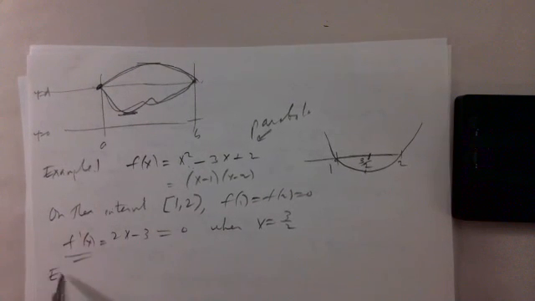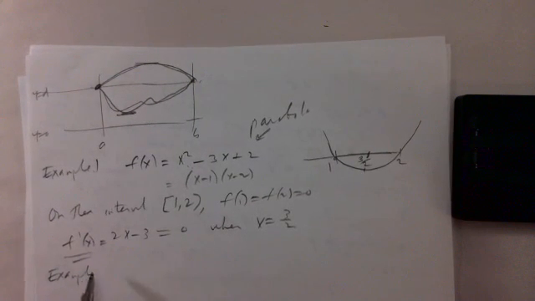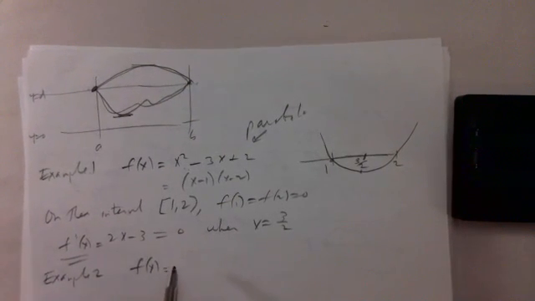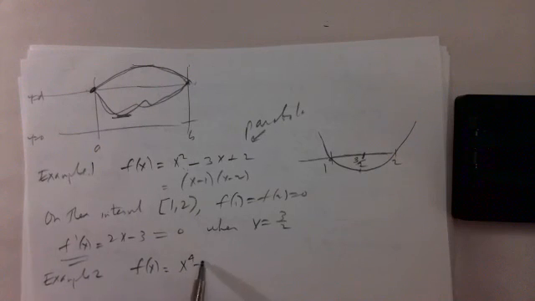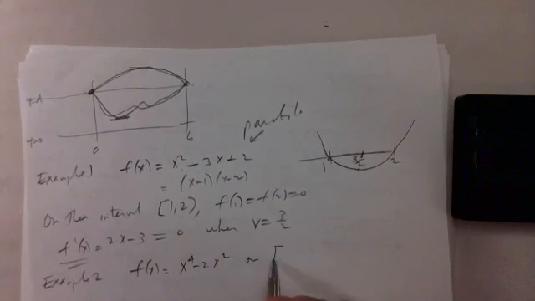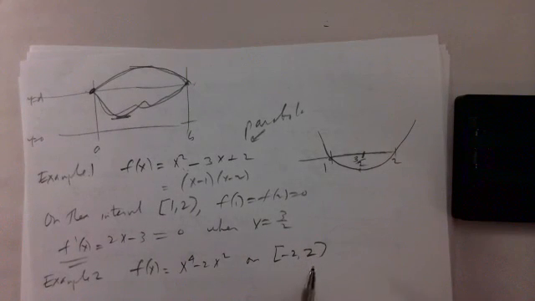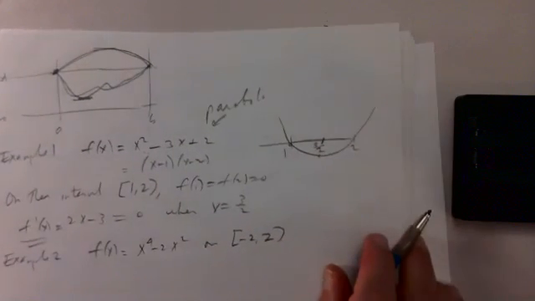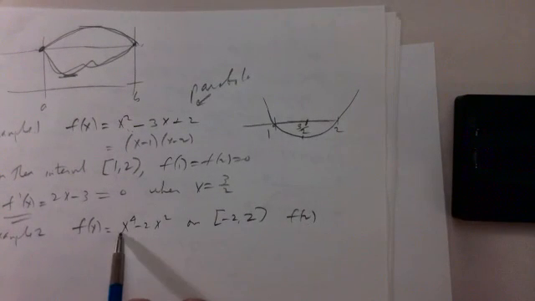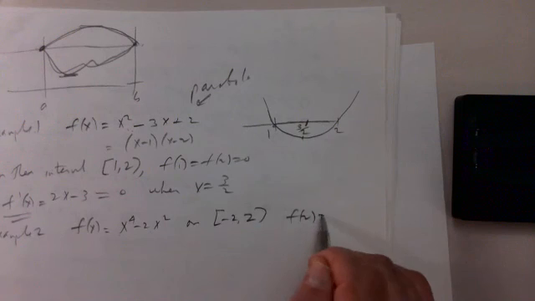Let's look at one other example. Suppose we consider the function f of x equal to x to the 4th minus 2x squared on the interval from minus 2 to 2. So if you do the calculation, f of 2 is 16 minus 8.